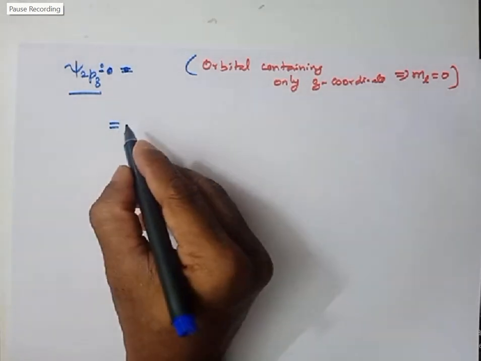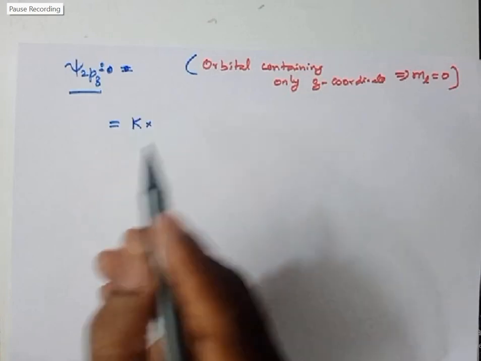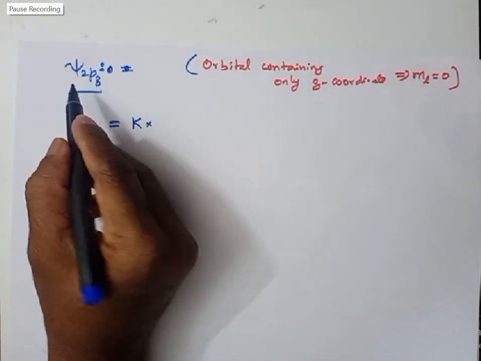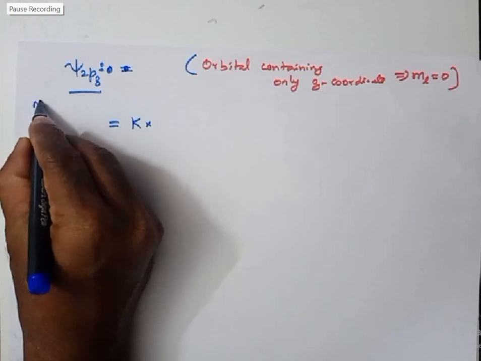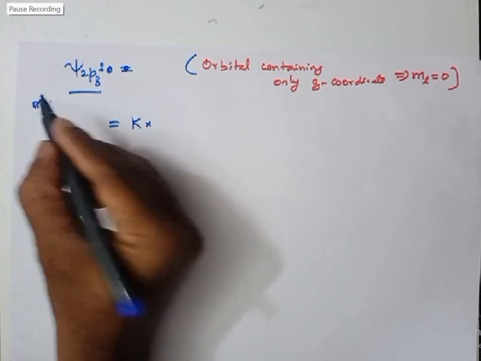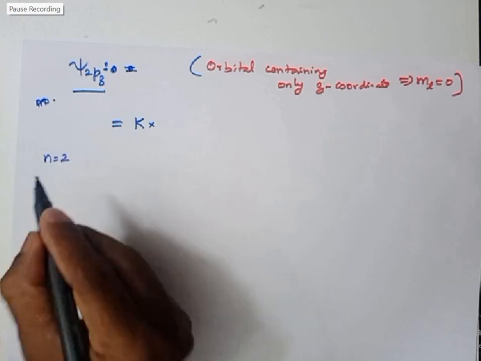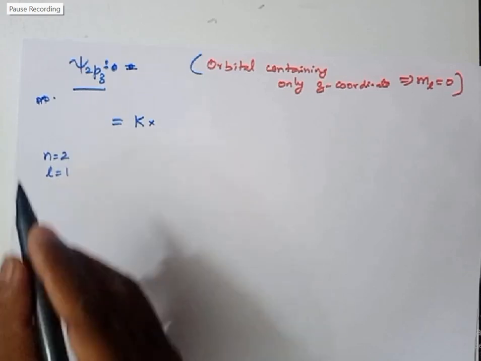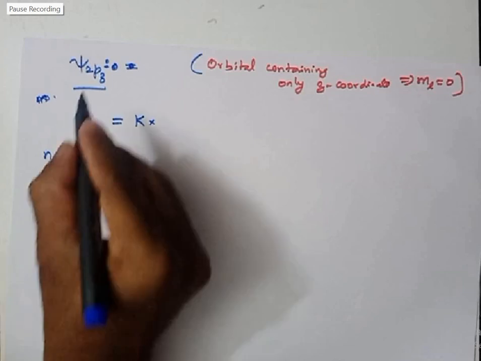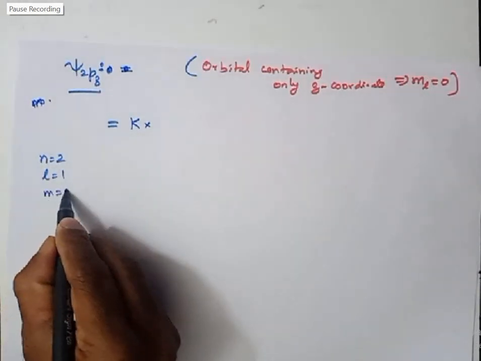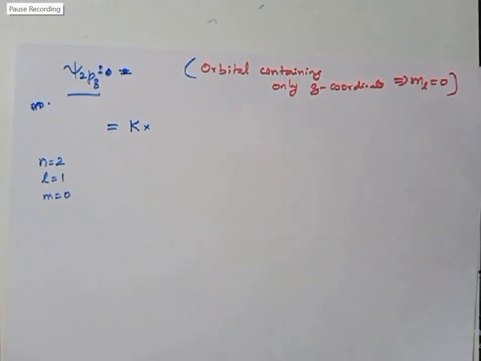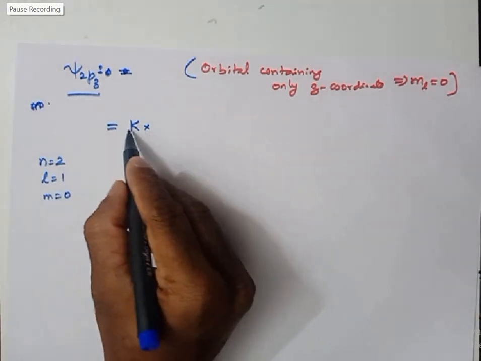So, what is the radial part? First tell me the N, L and ML values. I will write here. N value is 2, L value is for the P subshell, so L is 1. Z orbital, so M should be 0. Now, how to write the radial part?